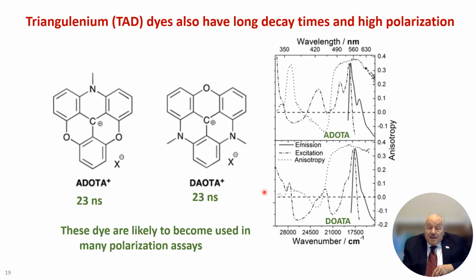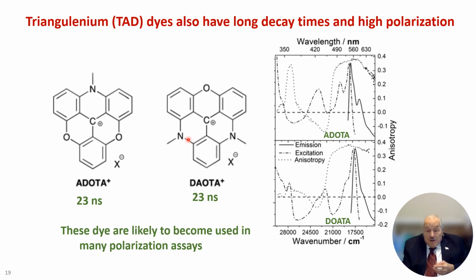Now, yet another class of molecules that are still being developed for fluorescence polarization assays. These also have long lifetimes on the order of 23 nanoseconds. They're called triangulinium dyes. I always have to think before I say that. Triangulinium dyes, they can have oxygens in this location.